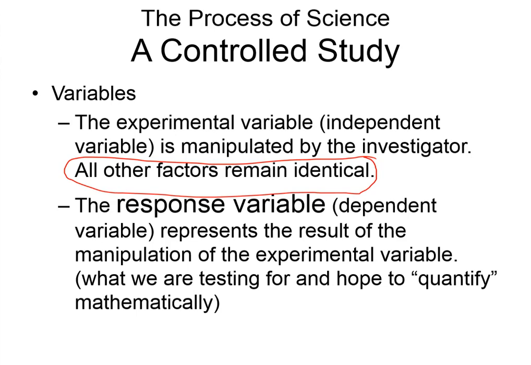But when you manipulate something, there is always a response to that manipulation. So that response to the manipulation is known as a dependent variable or a response variable.